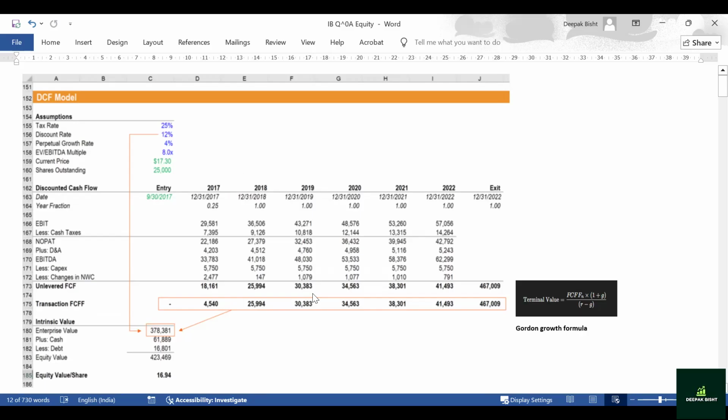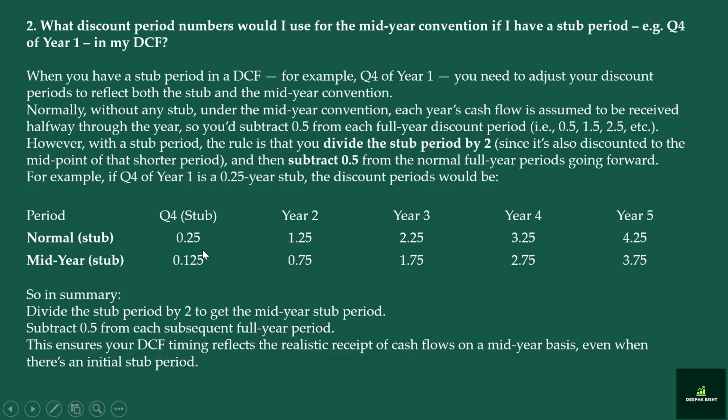This is what we are actually assuming here, that we have adjusted our stub period by dividing by 2. But for the later periods, we will have to subtract 0.5 from the normal period. So I have subtracted 0.5 from the normal period.